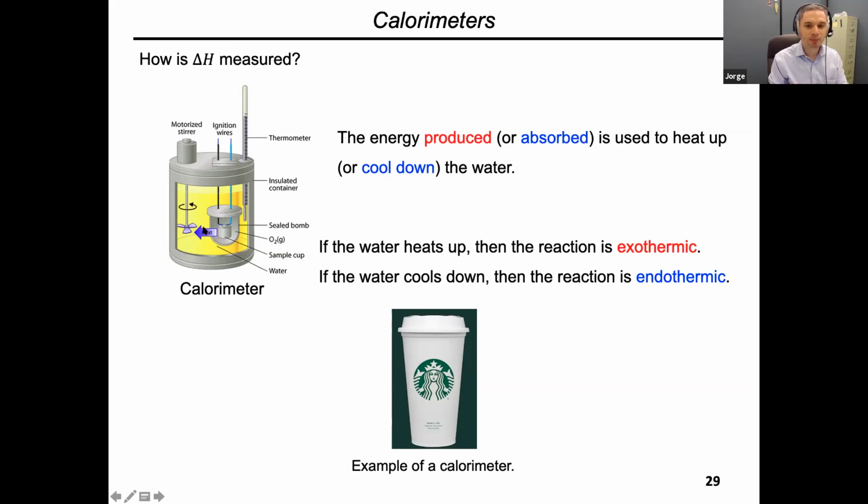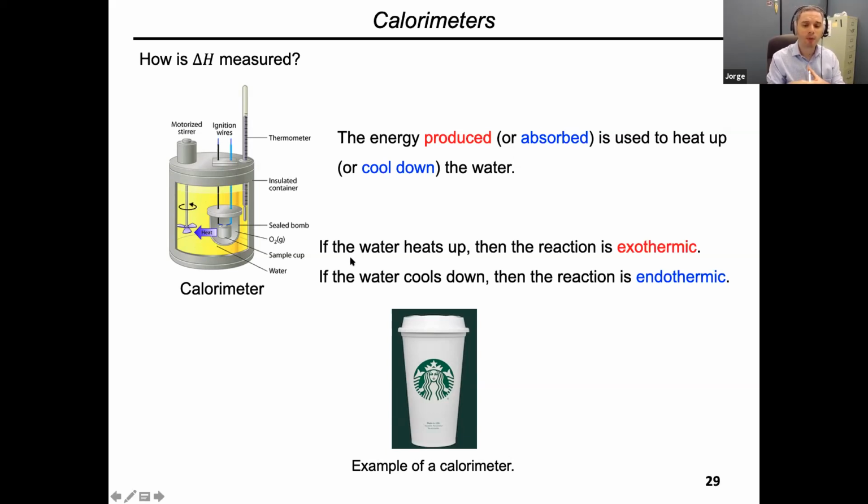The energy produced or absorbed by the reaction inside the chamber will be used to heat up or cool down the water. That's how you know the amount of energy released or absorbed by the reaction. So we will measure what happens with the water in the calorimeter.